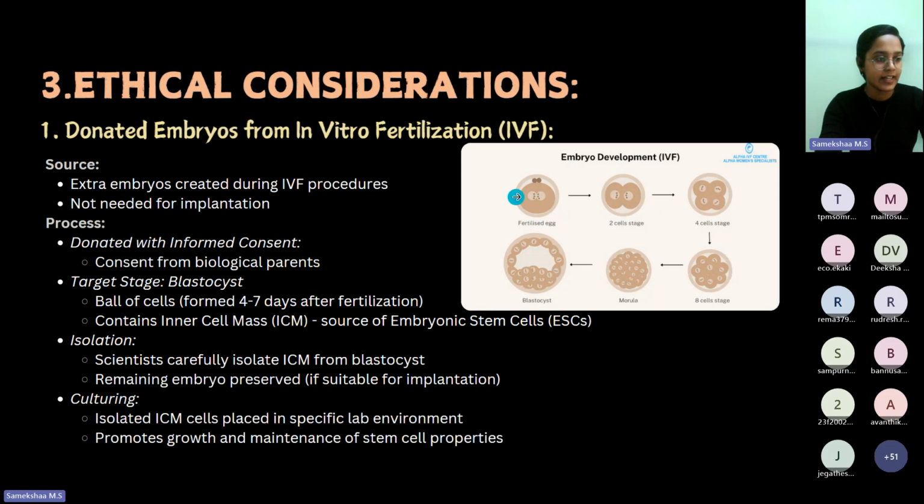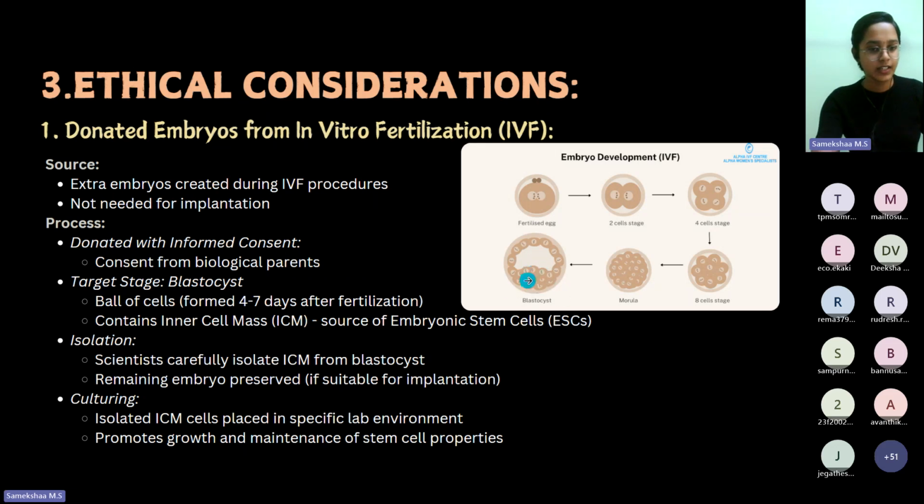This is the fertilized egg. We move on to the two-celled, four-celled, and then the eight-cell stage. Then we move on to the 16 cells, I think it's 16 celled only, which is the morula, and then comes the blastula, and then we finally move on to the blastocyst stage, which looks like this. So you can see some cells here, right, inside the blastocyst.